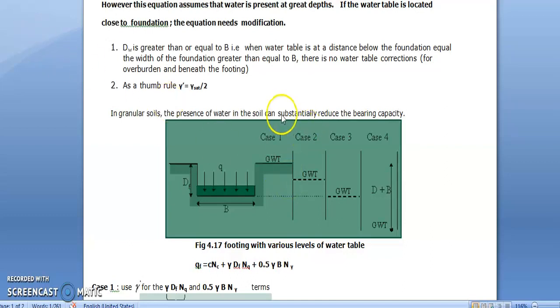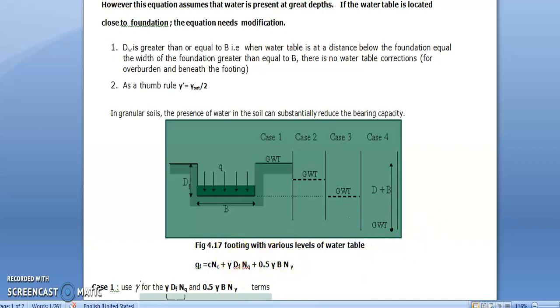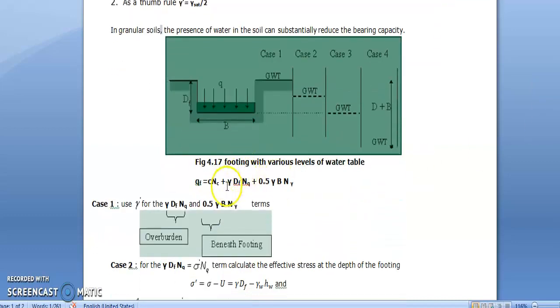See, the corrections are primarily in these two terms. I've just rewritten the same equation down. In the second and third terms, because the unit weight gamma appears in the second and third terms. The second term, gamma into dF into Nq, is depicting the overburden conditions. What do you mean by overburden? The soil above the foundation level.